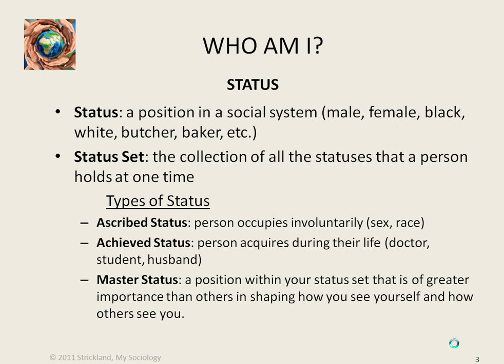Now, there are different types of status positions that a person may occupy. For example, some of the positions you occupy are given to you involuntarily by society, such as your sex or your race.